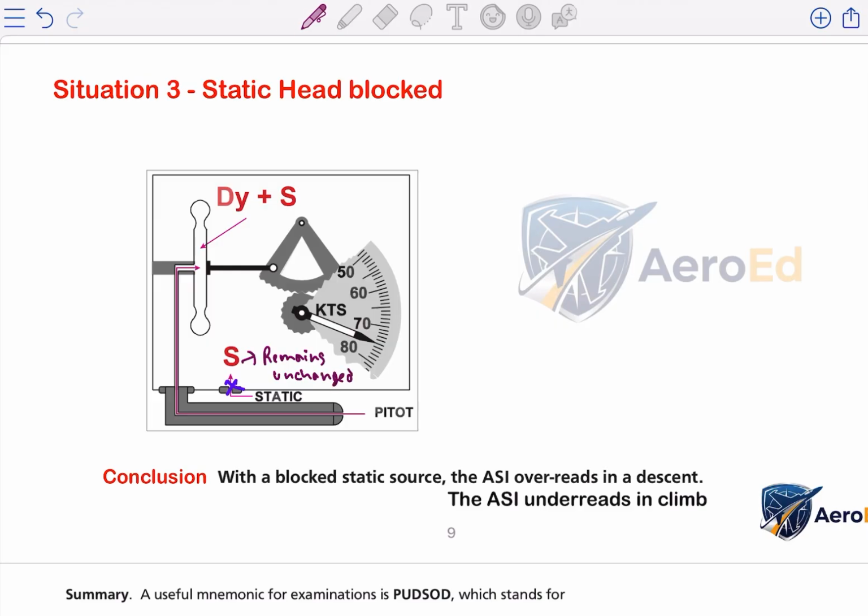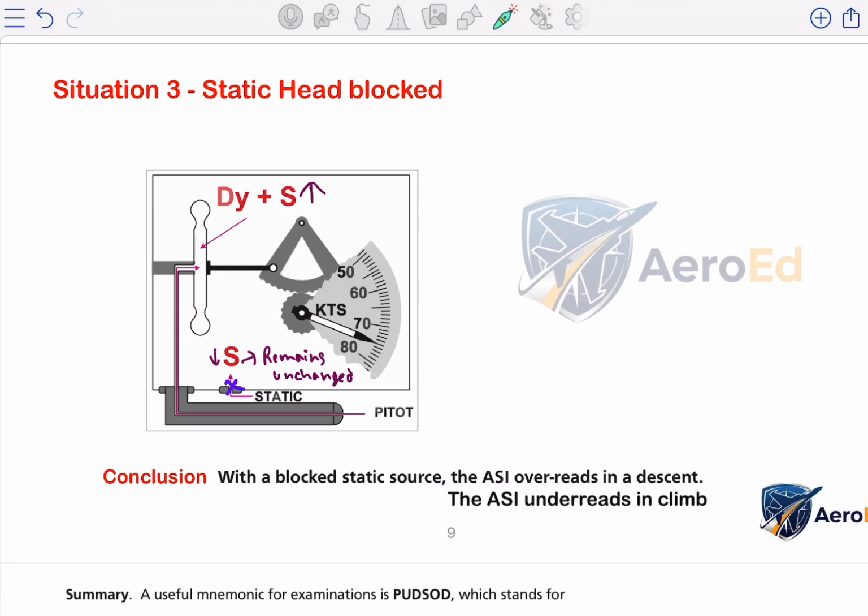In a descent, the static pressure inside the capsule is increased, but the static pressure in the instrument case remains unchanged, right? So what was the purpose of the static pressure in the instrument case? It was to cancel out the static pressure of the capsule, but it cannot, because the value of static pressure in the instrument case is lower compared to the static pressure in the capsule. So the ASI overreads. The ASI will show more than actual.